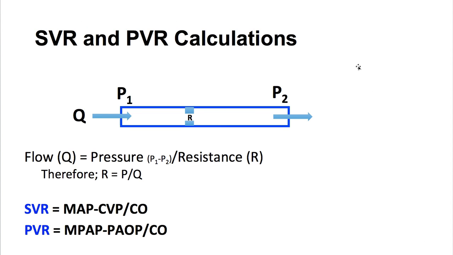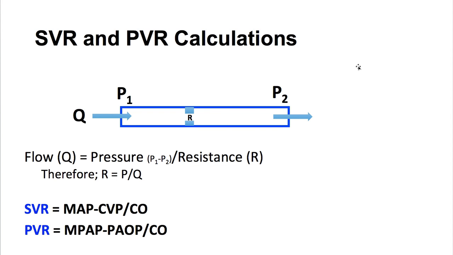Let's move on to the next key word, systemic vascular resistance and pulmonary vascular resistance calculations. If you realize that flow, represented by Q here, through a tube, our body basically, is dependent upon the pressure differential between one end of the tube and the other end of the tube and the resistance in it.